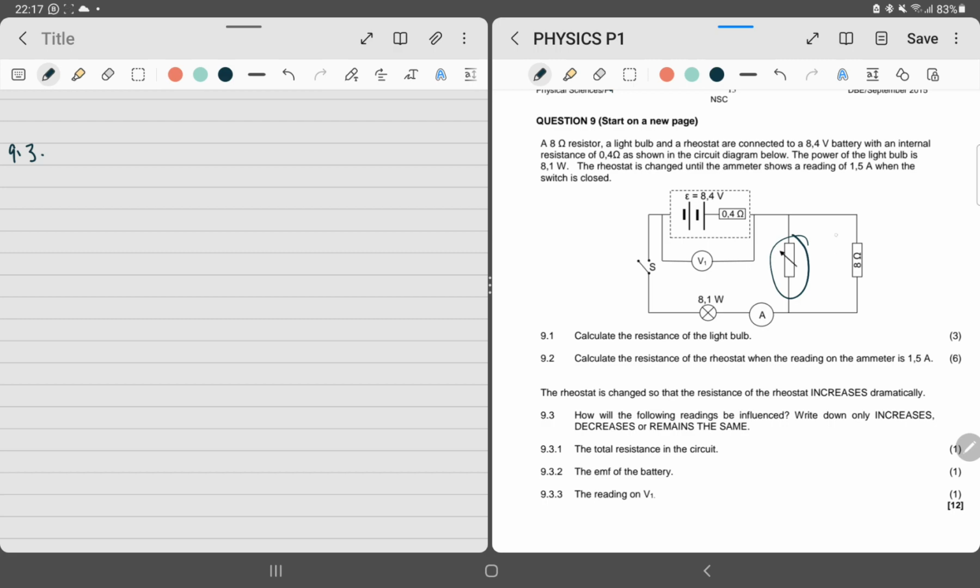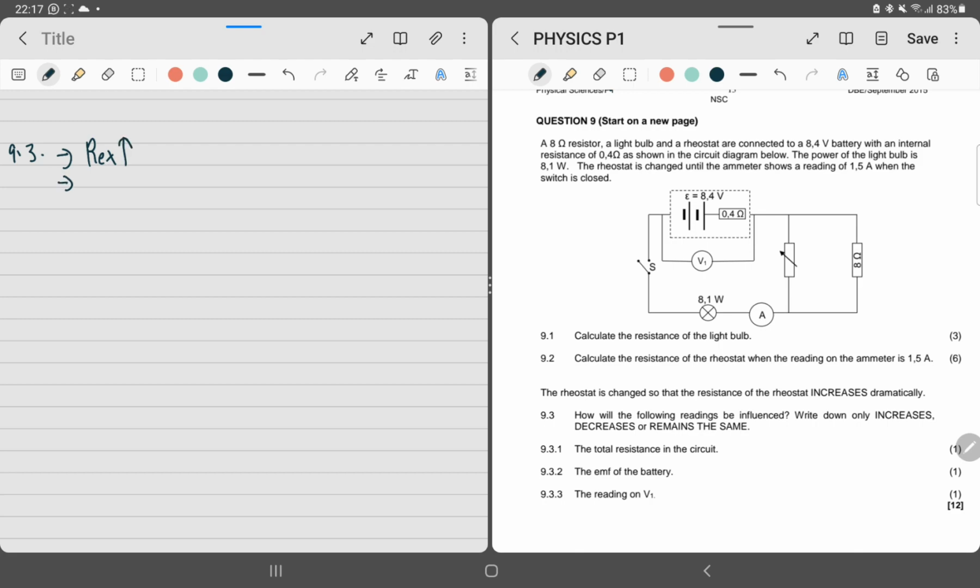Whenever we increase one resistor in a parallel combination, the R parallel will go up. So this whole thing is going to go up, and then we're going to add it with that. So R external should go up. So the external resistance increases. That's the first thing.